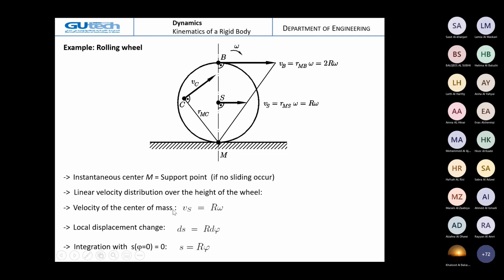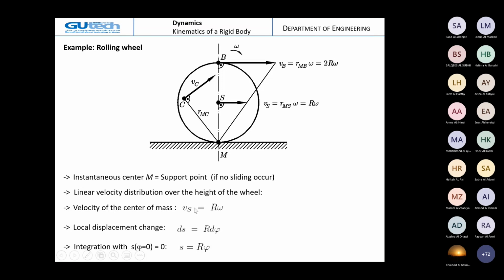Now, the velocity of the center of mass S, we make only this direction. Why? Because we can take two points B and M, draw the line, and then perpendicular to this line. As the two lines coincide for the point B and the point S, we make the perpendicular to it. Then in this case, we have the direction of B and the direction of the center of mass.